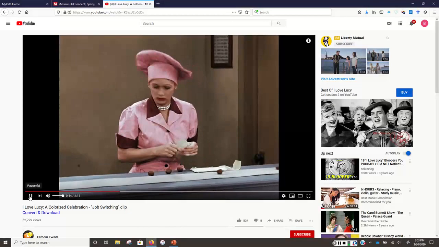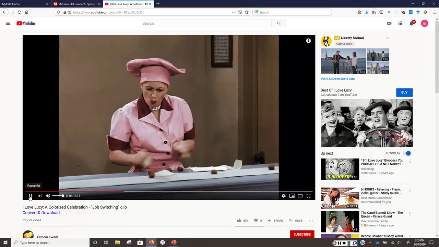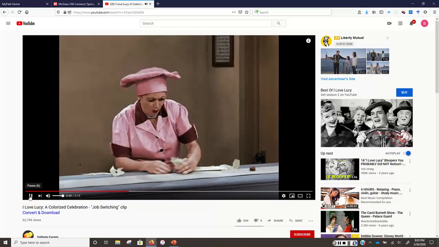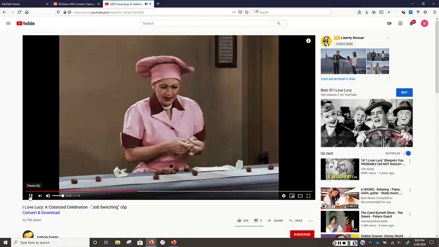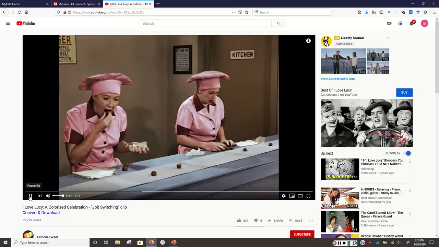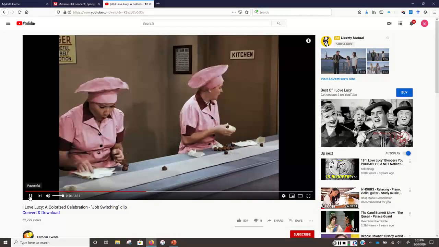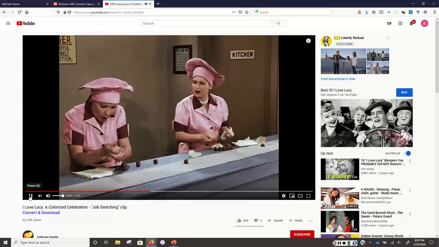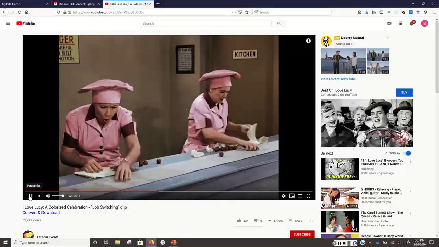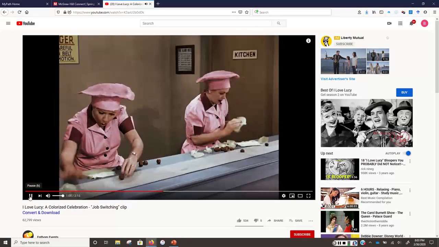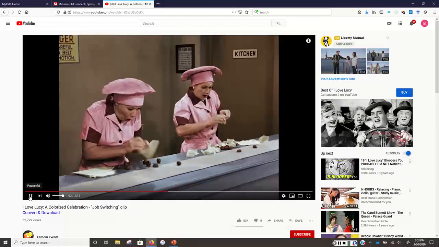We've got more glucose than normal in the blood. They're starting to have some problems. We are exceeding transport maximum. And they're not able to keep up with their job because the chocolates are going way too fast. There's too many chocolates. The chocolates have exceeded transport maximum.